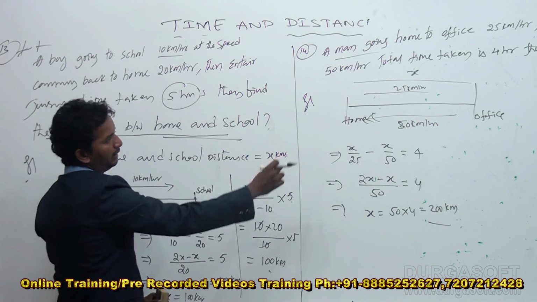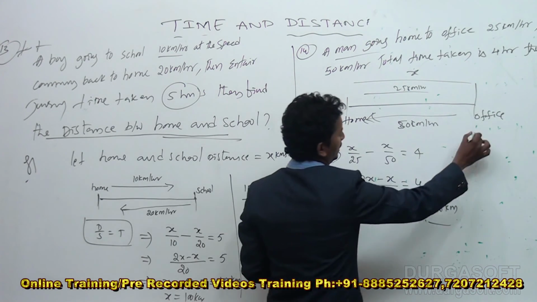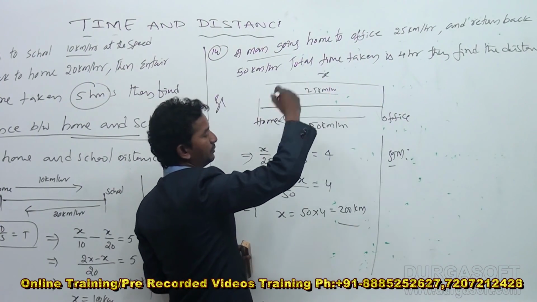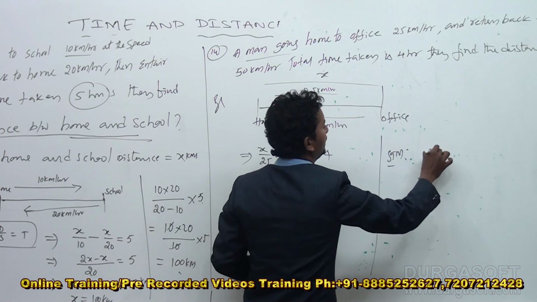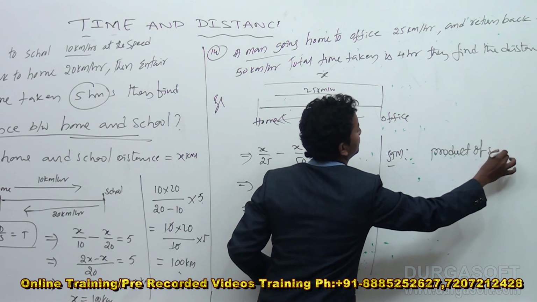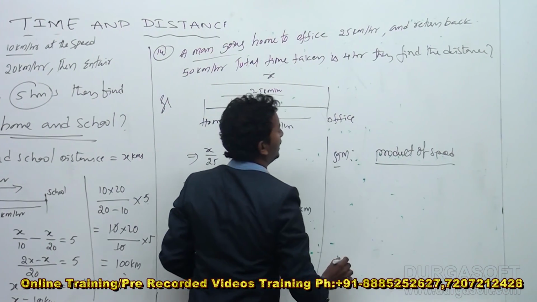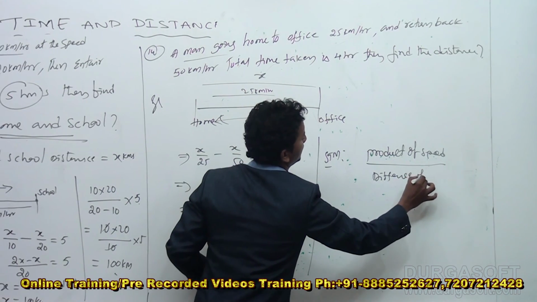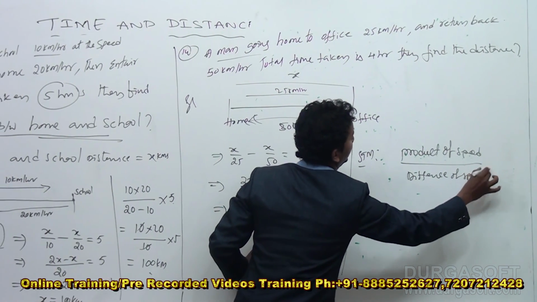In the same way, the formula is the product of speeds divided by the difference of speeds, into the time period.